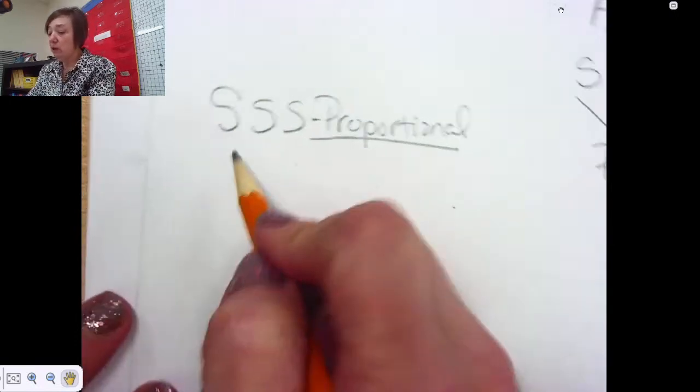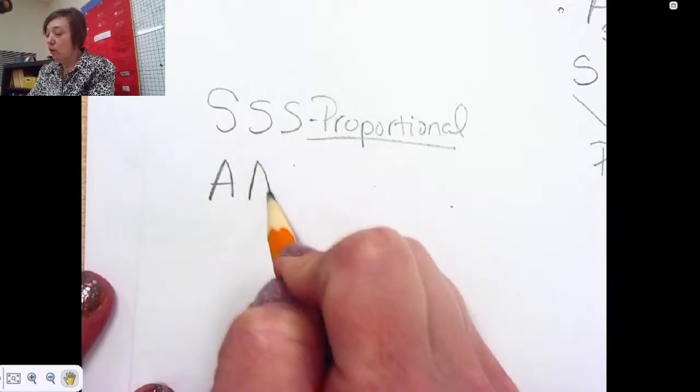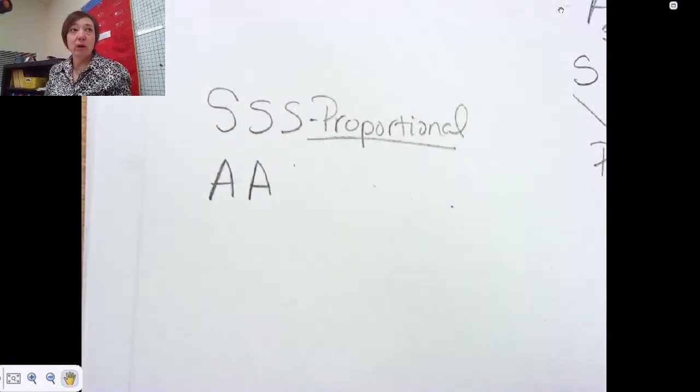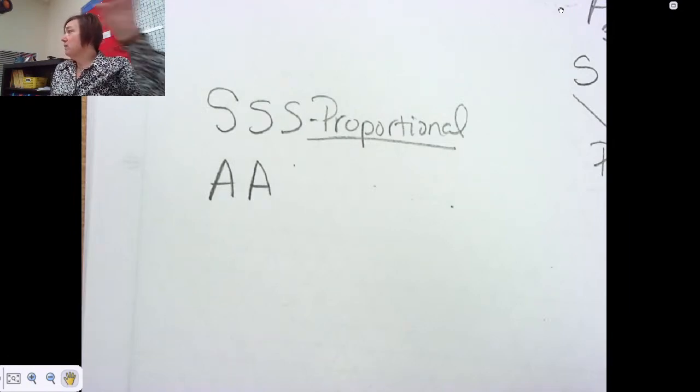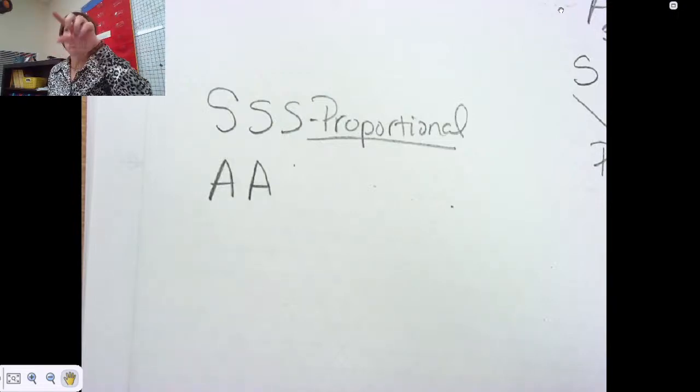One thing that you could know is if you know two of the angles are the same in those two triangles, you know the third one has to be the same because of that third angle theorem. So if you know two angles in the two triangles are the same, you know those triangles are similar.